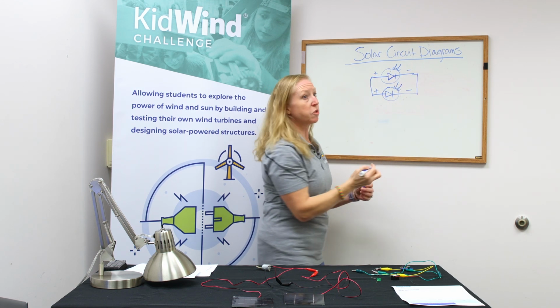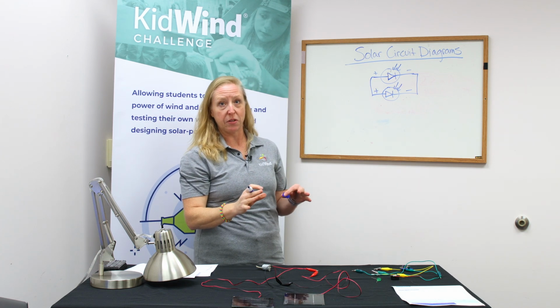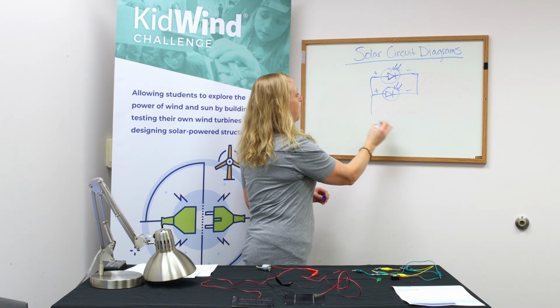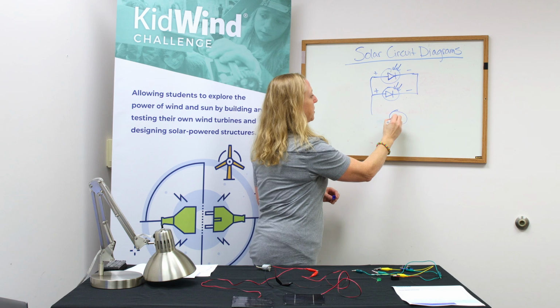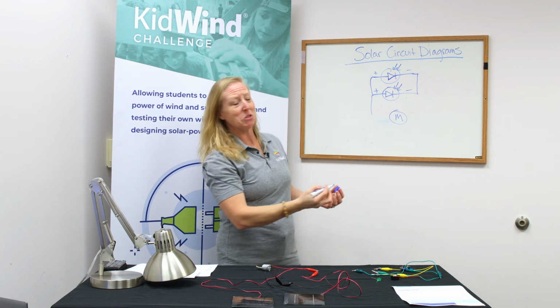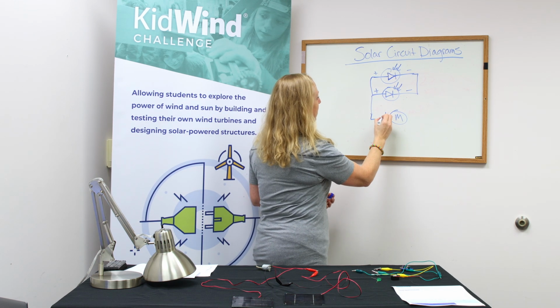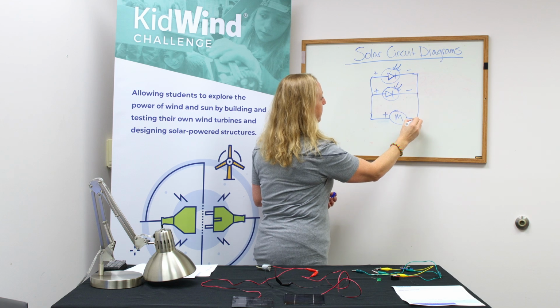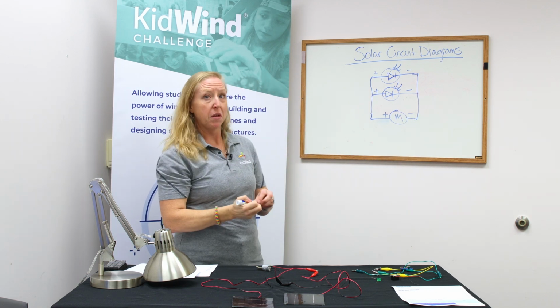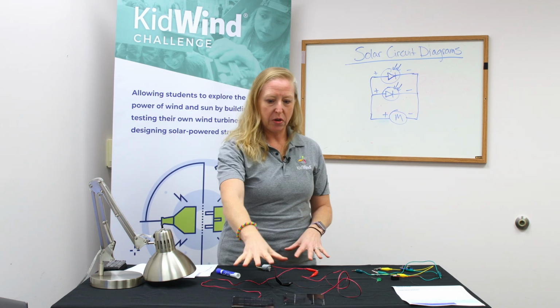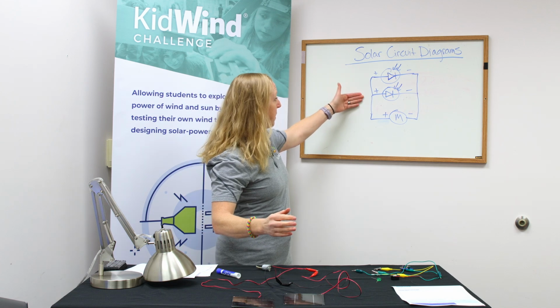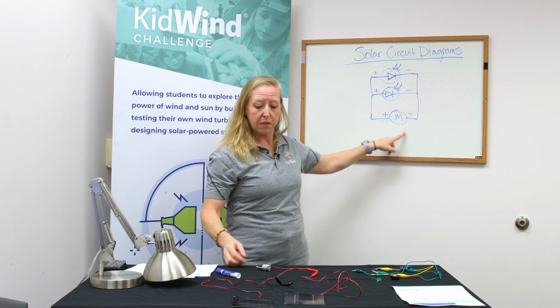It's like railroad tracks when we do a parallel circuit. And so now we have to add in our motor, which is super easy, it's just an M circle. And we're connecting again, positive to positive and negative to negative. So that is how you would diagram 2 solar panels in parallel with 1 load being the motor.